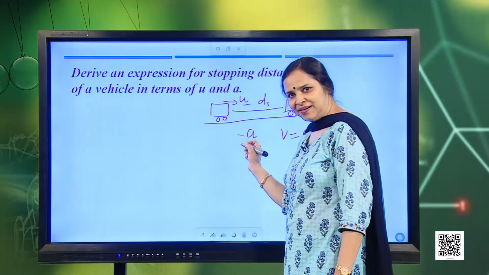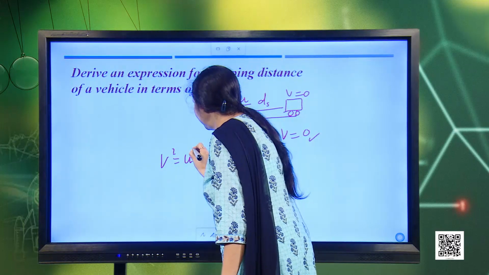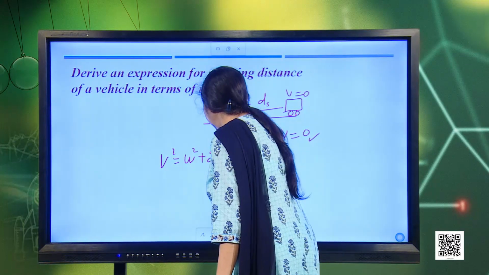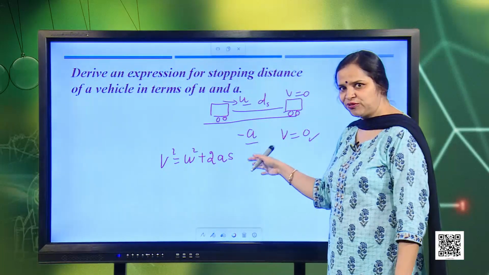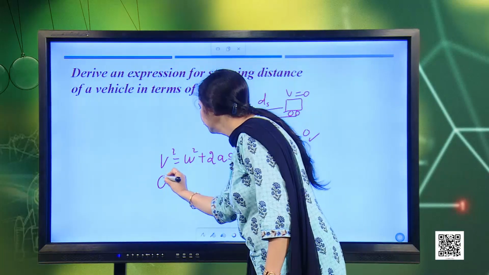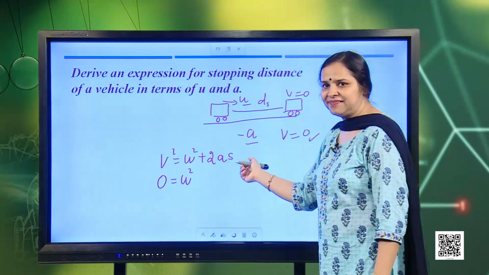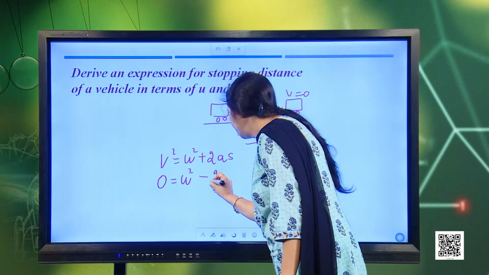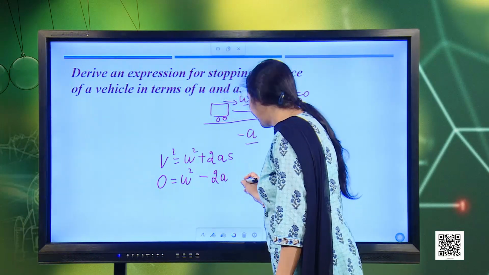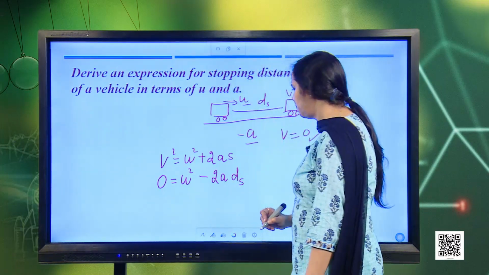Now using the third equation of motion, v square equals u square plus 2as, we know that finally the vehicle has stopped, so v is equal to 0, equals u square. Now acceleration is negative because it is a deceleration, so minus 2a, and in place of s I write d suffix s, the stopping distance.